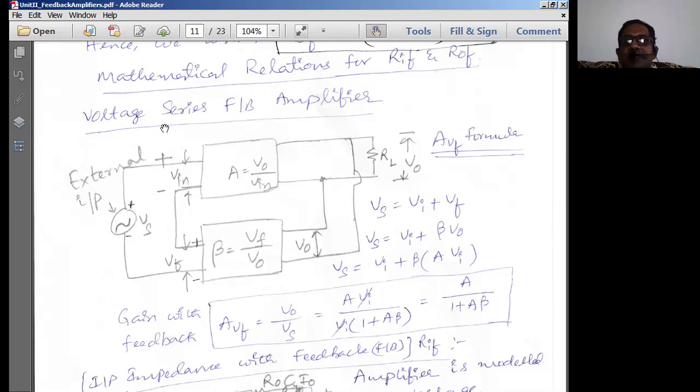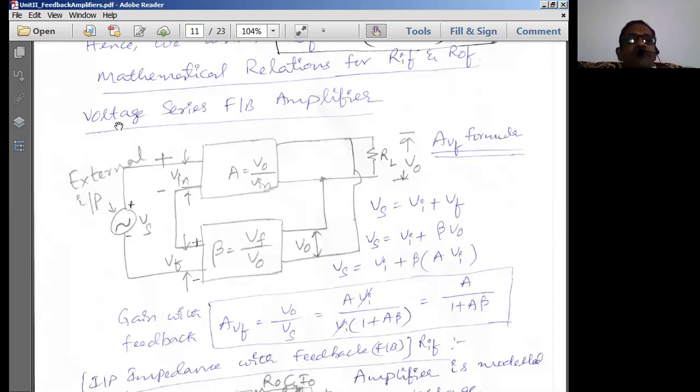Because of series mixing, the input voltage should increase. In V is equal to I into R, when R increases, V increases. Therefore, the input resistance is going to increase. So in the voltage series feedback amplifier, output resistance should decrease and input resistance should increase.